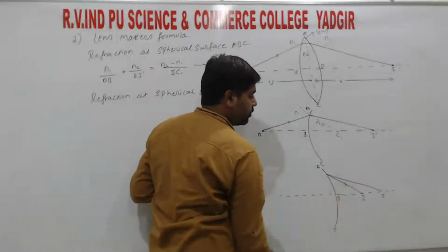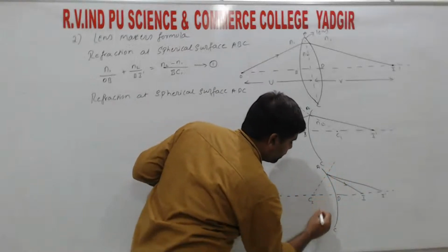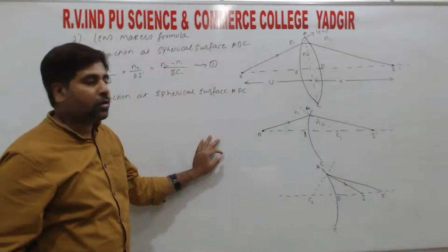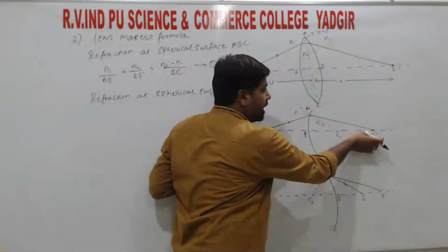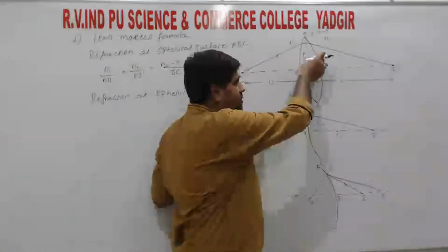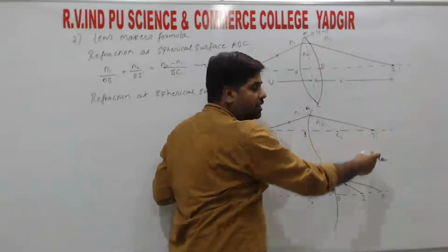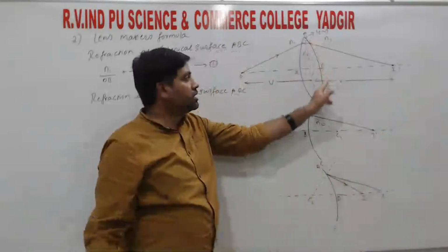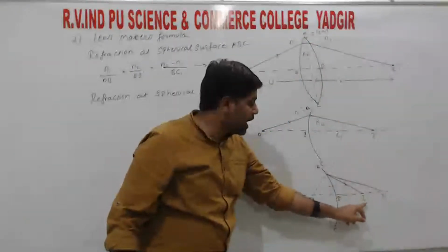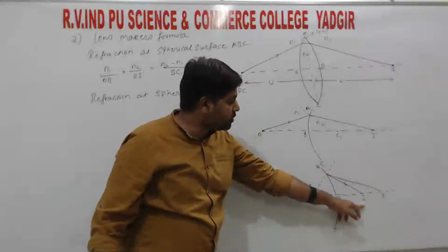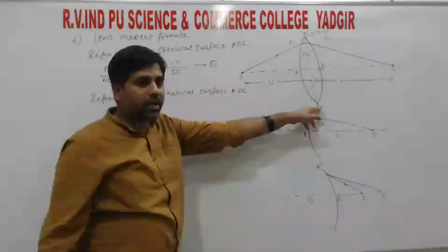Drawing the normal at the point of incidence, we take that as C2. This I dash is inside the lens, so the image is formed inside the lens. This I dash acts as a virtual object for the second refracting surface. We take this as the object distance and I as the image distance, where I is the final image formed and I dash is the virtual object for the second refracting surface.